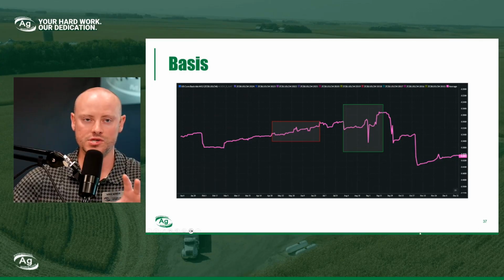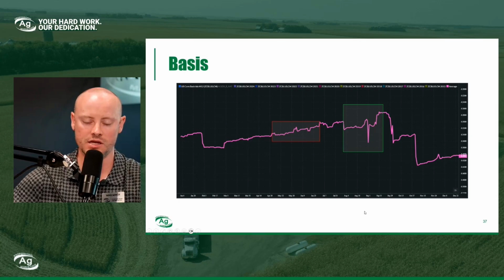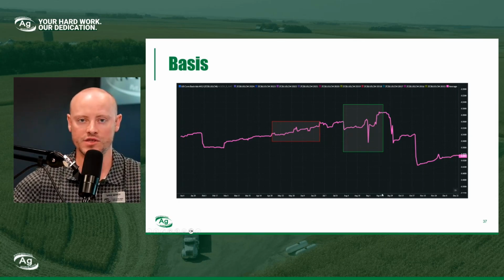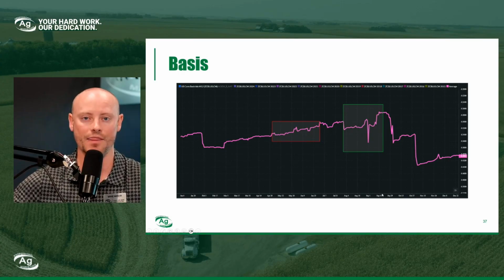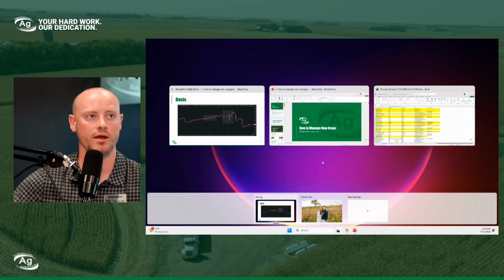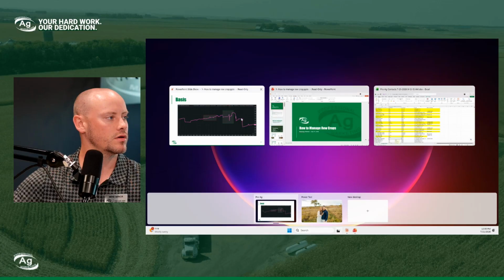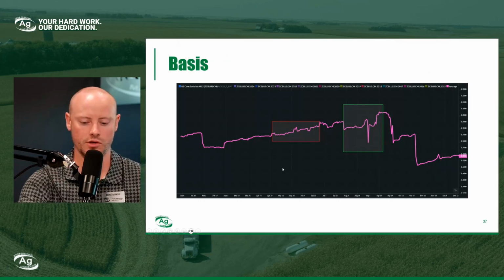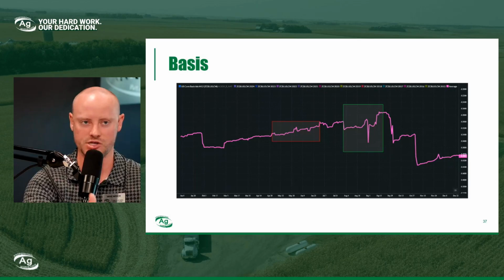Normally, the worst opportunity for basis comes in very early spring during a big rally, and then kind of harvest, when you've got the crop coming in a big amount. And normally we can undershoot cost of production by quite a bit there.